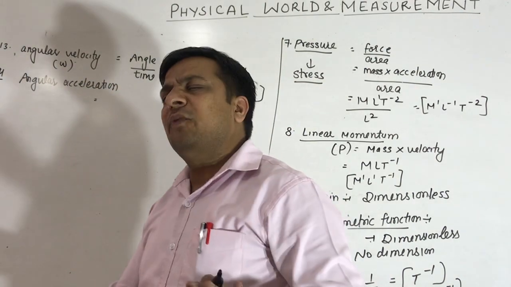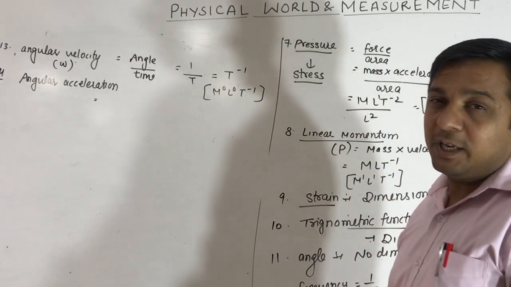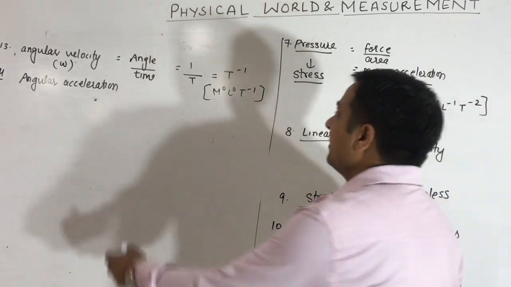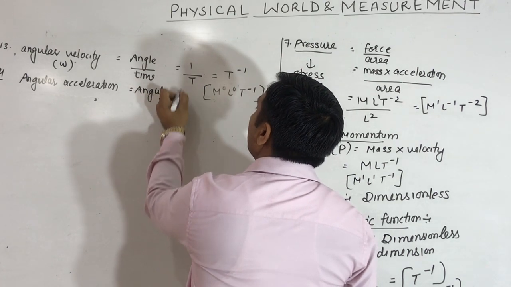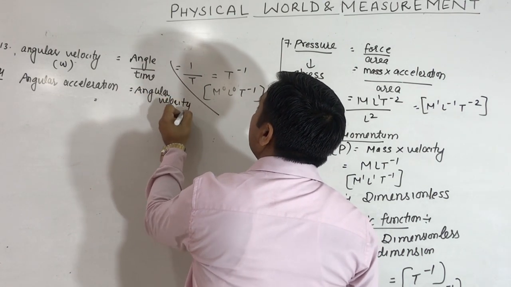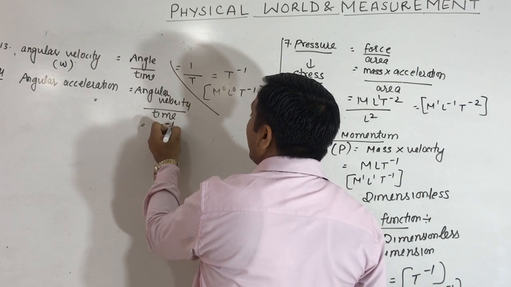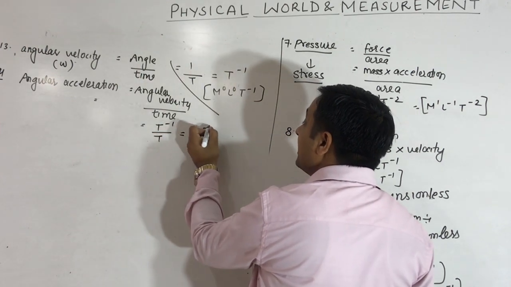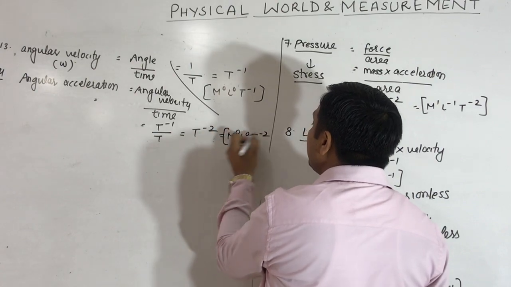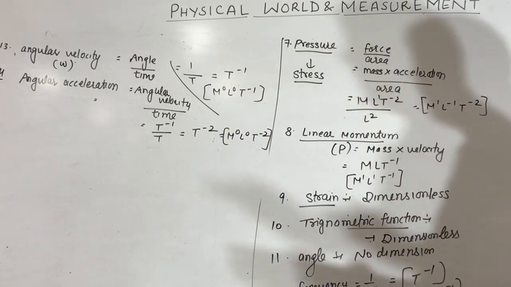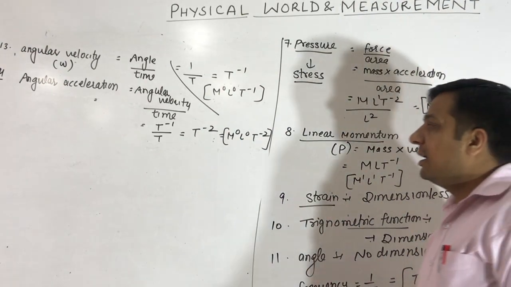Angular acceleration, you know very well, is angular velocity upon time. Angular velocity is t minus 1, upon t, that is t minus 2, or you can say m0 l0 t minus 2. This is the dimensional formula of angular acceleration. All types of energy have the same dimensional formula. Trigonometric functions have no dimensional formula.